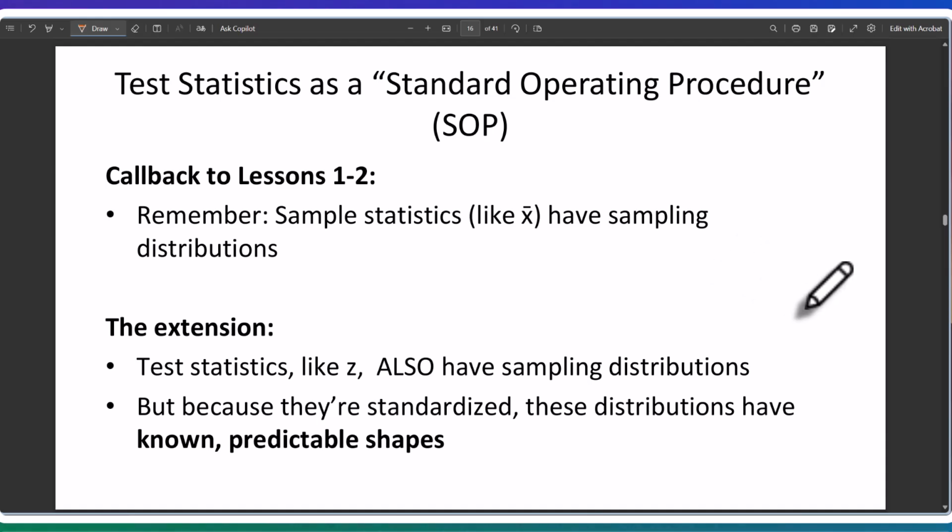So the test statistic is like the standard operating procedure. And you could imagine that a test statistic, just like a sample statistic, is going to have a sampling distribution.